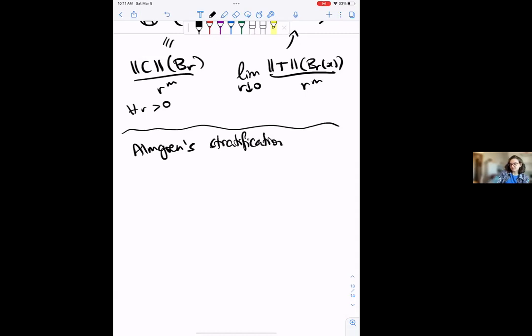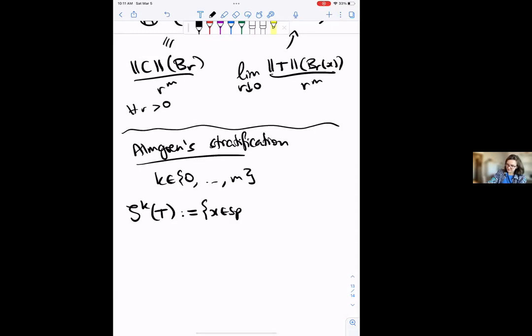which tells us that for any integer k between 0 and m, we take the kth stratum of T to be all the points in the support of T such that any tangent cone at this point splits off no more than a k-dimensional plane. Just bear with me, I'll explain exactly what I mean by this.